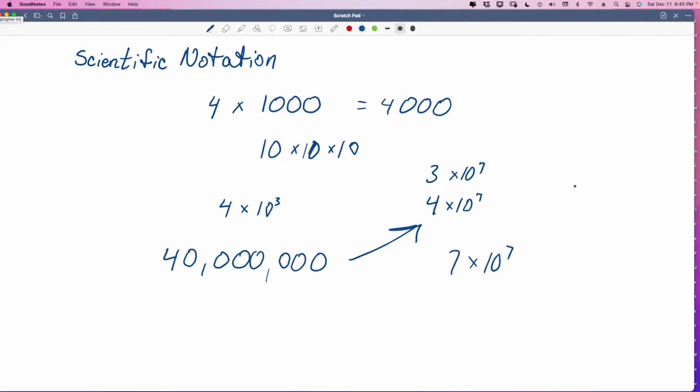Not only that, but if I had something that was a different base 10, let's say I had 2 times 10 to the 6, and I had 3 times 10 to the 7, it'd be just as easy for me to change this to a 6 and make that 30. So then I'd have 32 times 10 to the 6.